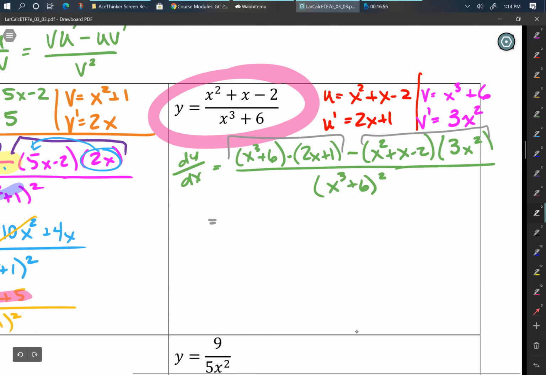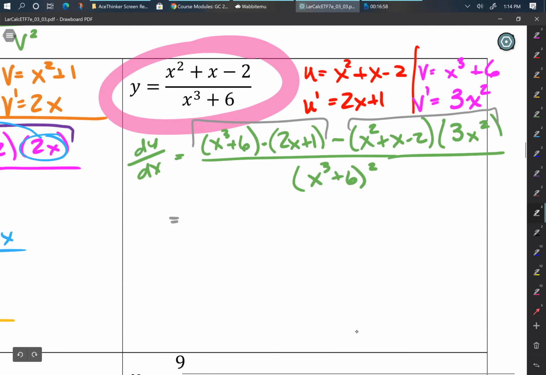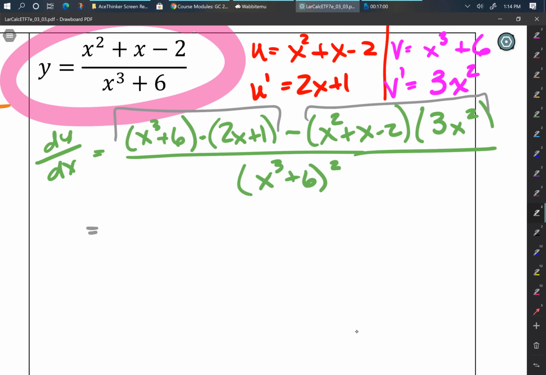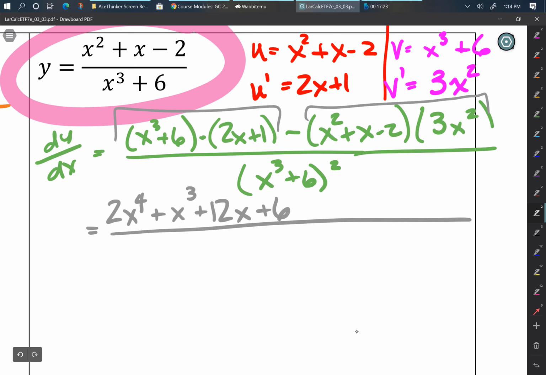First times first is going to give me 2x times x cubed, or 2x to the 4th. Outer is going to give me x cubed times 1, which will give me just plain old x cubed. Inner is 6 times 2x, which will just give us 12x. And last times last will give me a 6. And that's the first term.